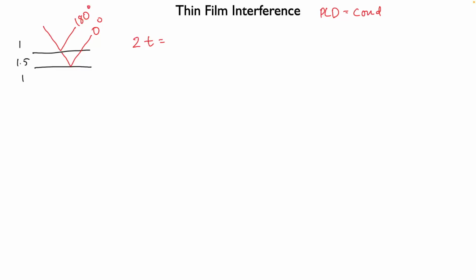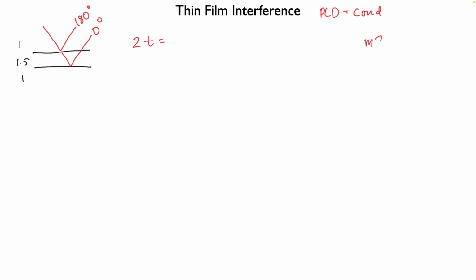It was m times lambda, the wavelength, or it was m plus a half, referring to full wavelength shifts, so 360-degree phase shifts for m lambda, or what does m plus a half lambda mean? 180, right?